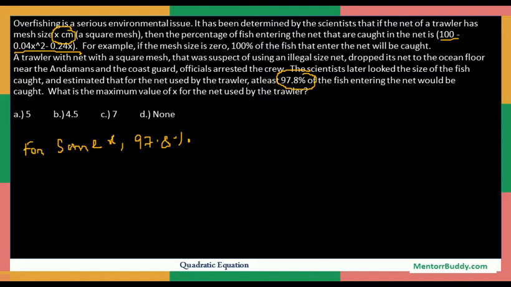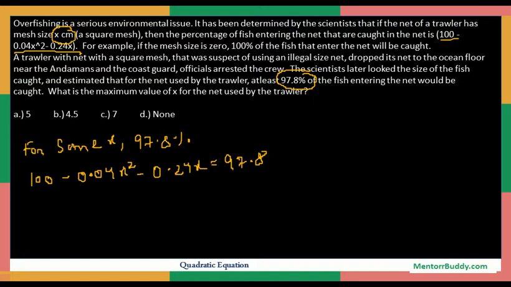In that case, we can say directly that 100 minus 0.04x square minus 0.24x is equal to 97.8.